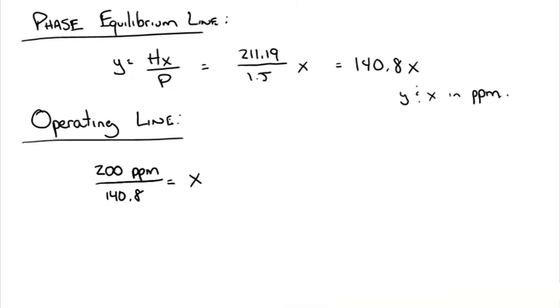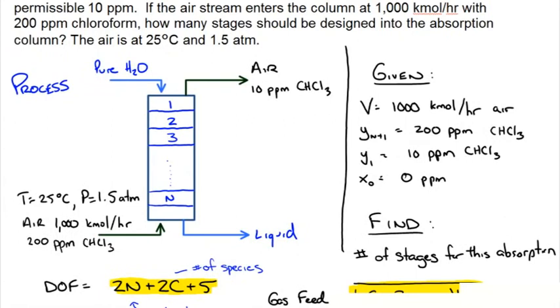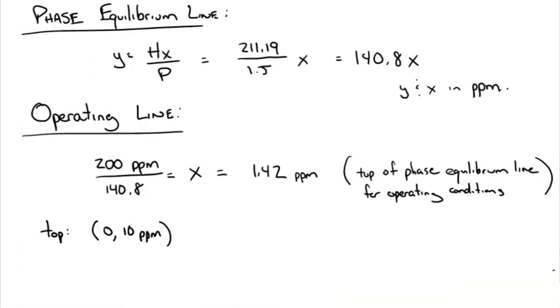Based on our column, we know exactly what one of the points on our operating line will be. We have x0 equals 0, and we have y1 is equal to 10 parts per million. So the top of our column, or the bottom of our operating line, will go through the point 0, 10.